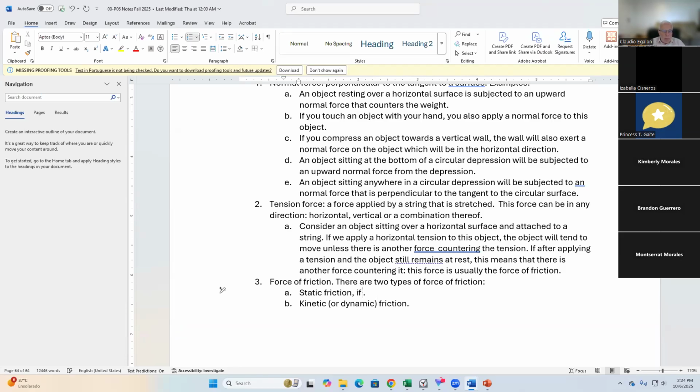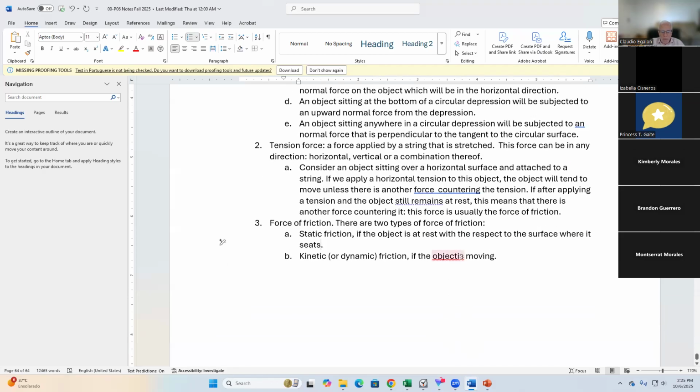Static friction if the object is at rest. Kinetic friction if the object is moving with respect to the surface where it sits.